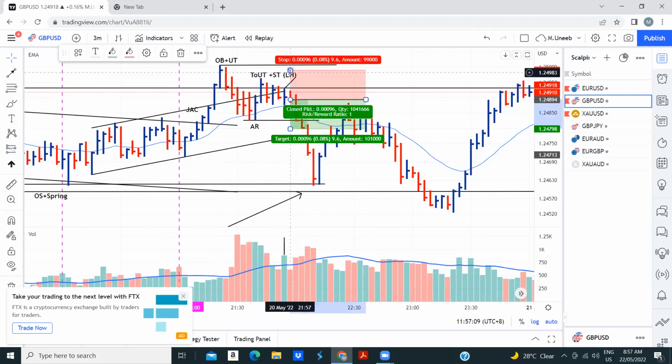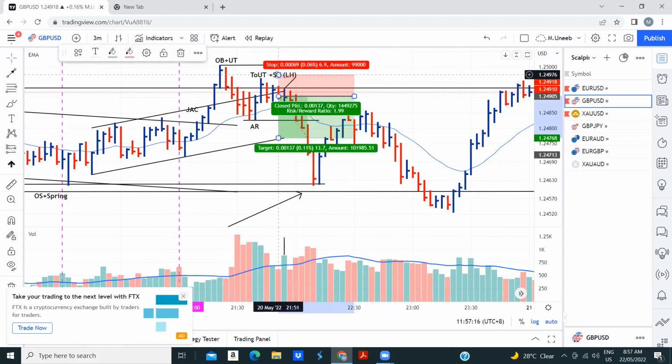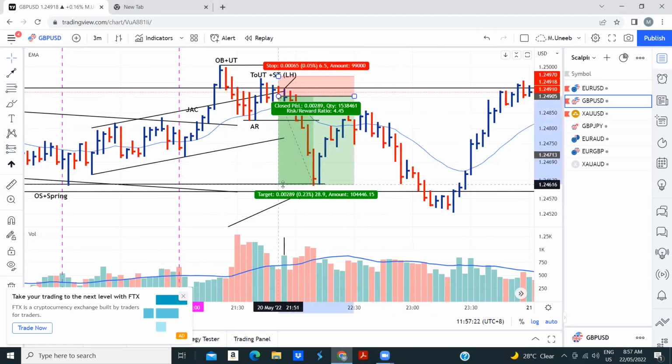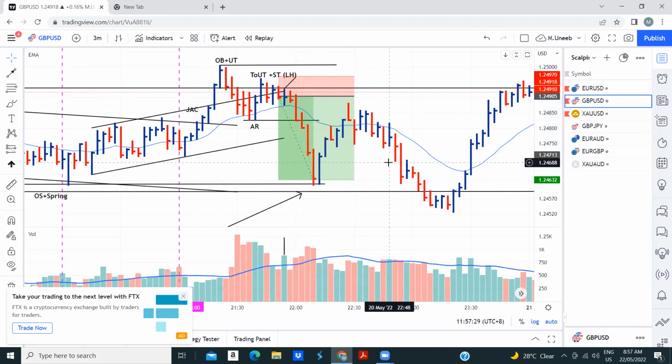And as I told you, do not target the absolute low, just target a few pips above, so that you are safe from this manipulation. Got it?